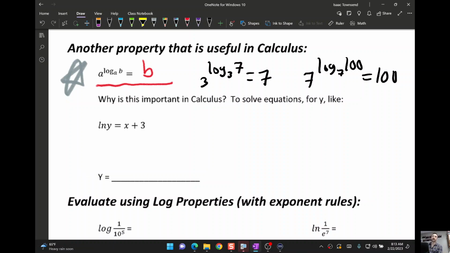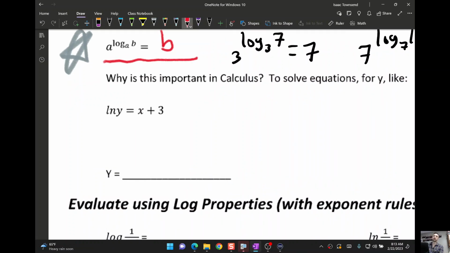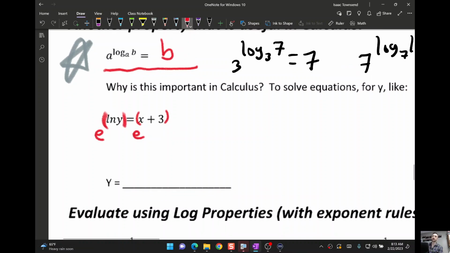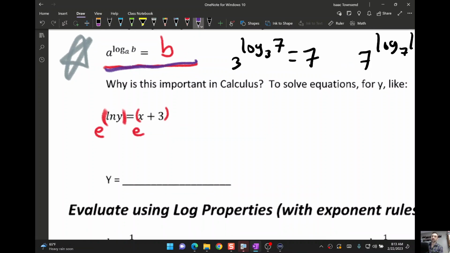So there is a trick, which again, you're not going to be responsible in here for, but it's good for you to see it. So that's not completely new in calculus. But you can actually make this whole left side be an exponent on e if you're willing to make the whole right side be an exponent on e. And while you might think, why in the world would you do that? It's because then this property applies here: e to the log base e of y just becomes y.